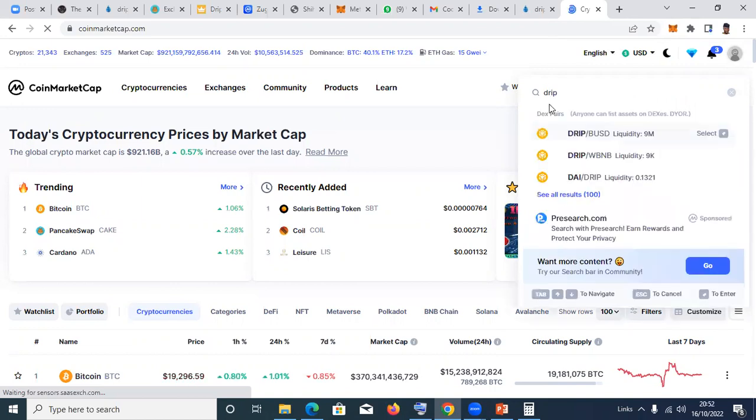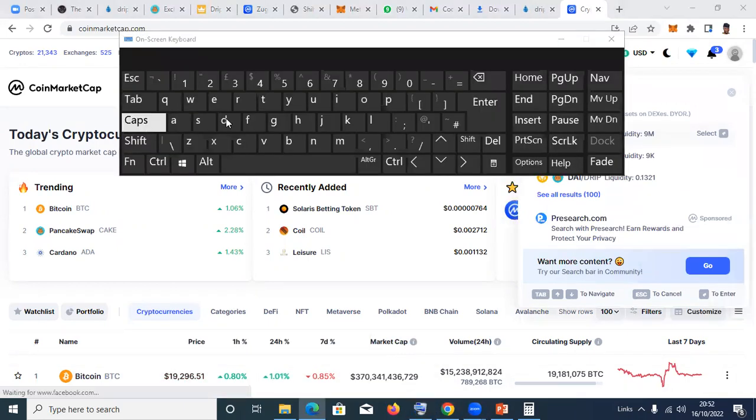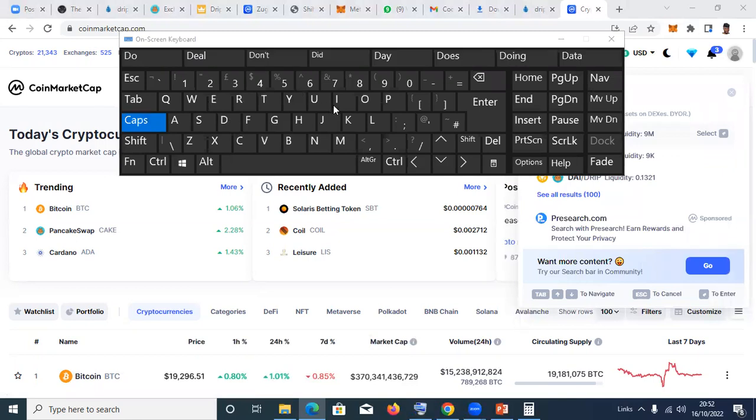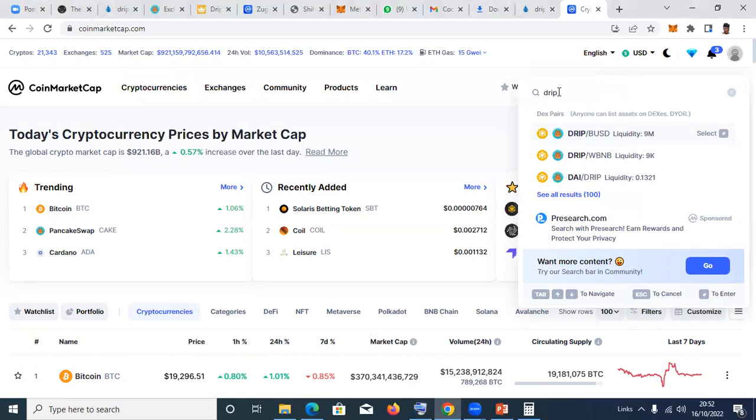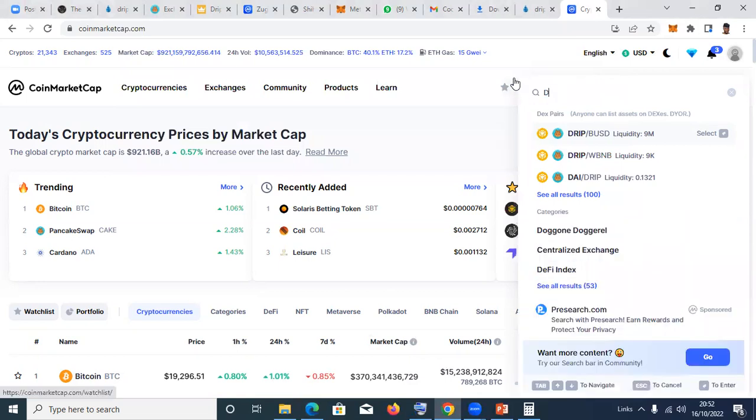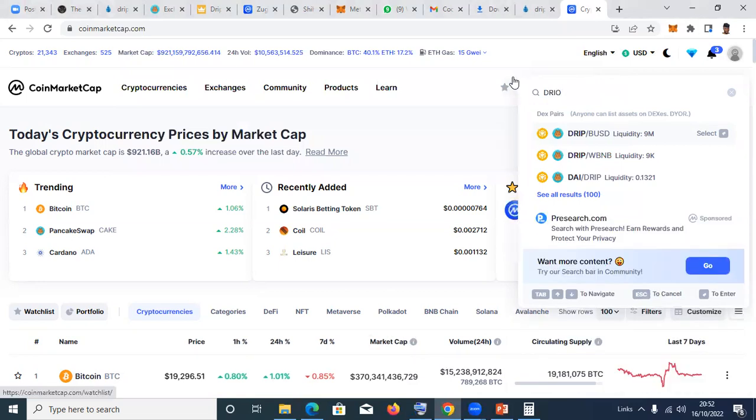Imagine you have this drip network, or you have the drip itself, on the market. I want you to look at the charts, the possibilities of you making it big from this network.